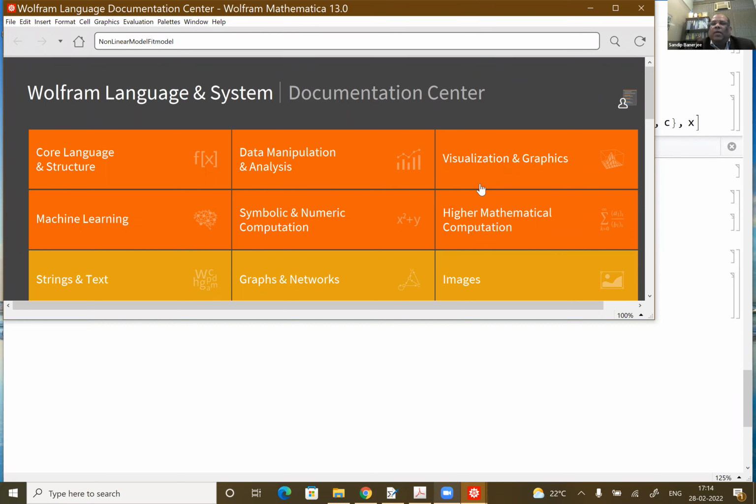Well, there are a lot of limitations of Mathematica. I mean, for example, a simple one would be this one. Just hold on.